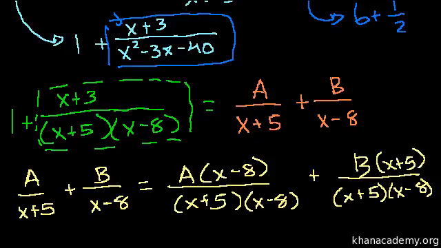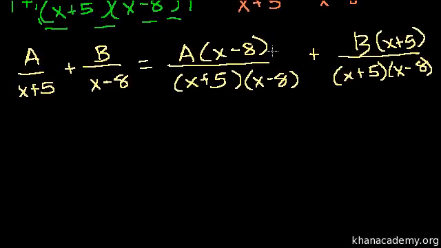Right? Important to realize that this term is the exact same thing as this term if you just cancel the x minus 8 out. And this term is the exact same thing as this term if you just cancel the x plus 5s out. But now that we have an actual common denominator, we can add them together.